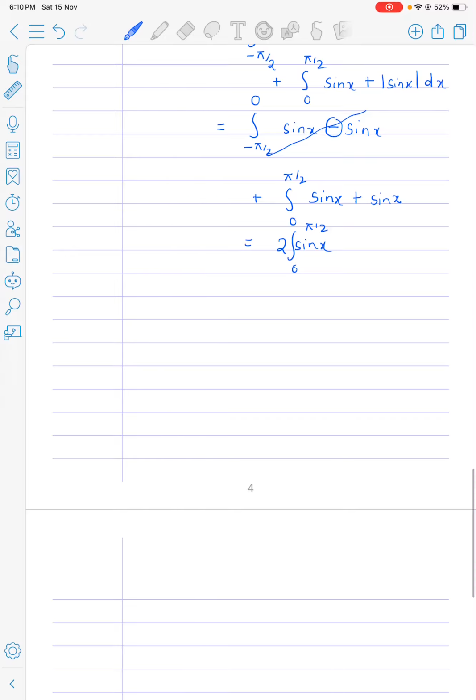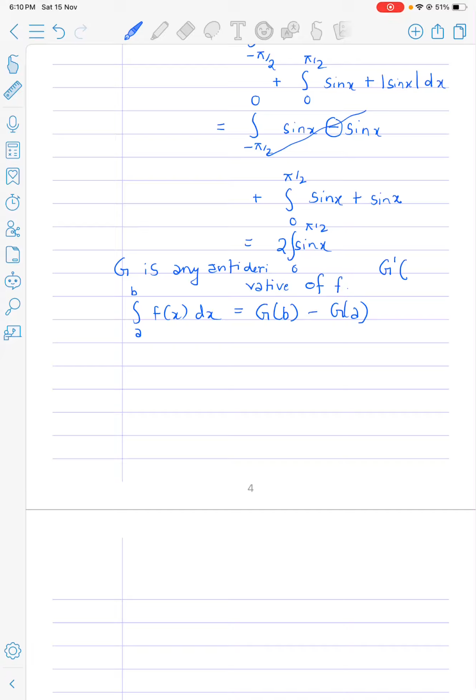There is this theorem: if you want the integral of f of x dx from a to b, then this is equal to G of b minus G of a, where G is any antiderivative of f, and an antiderivative is defined by this thing.